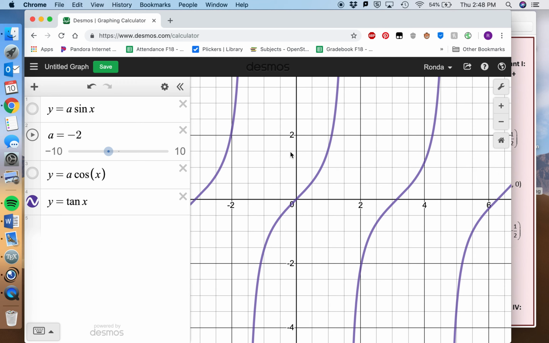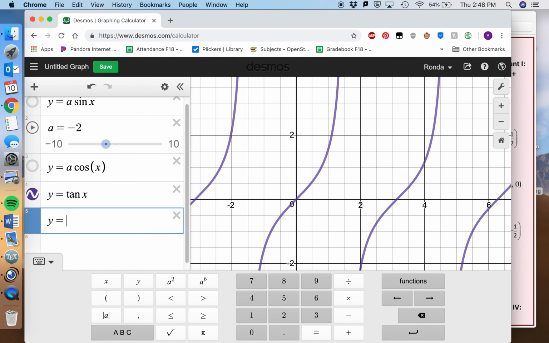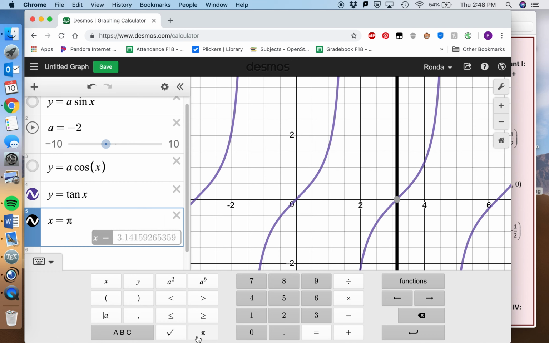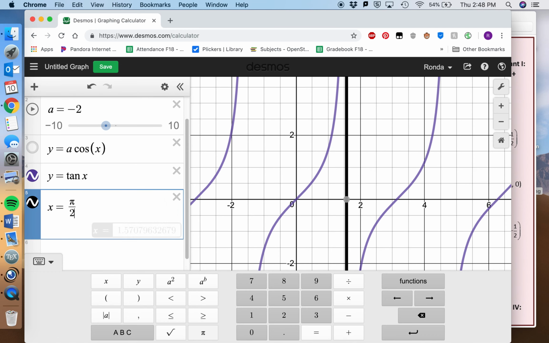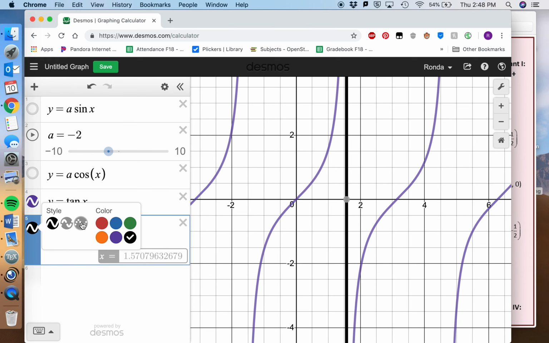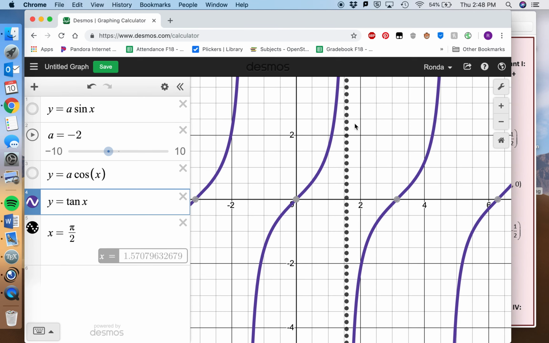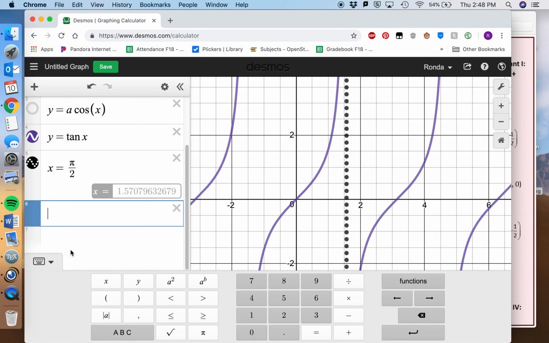So if we kind of look, it's kind of hard to tell with these. But if I put in x equals pi over 2, then you're going to be able to see that this is a vertical asymptote here at x equals pi over 2, and on this side, there's another one at negative pi over 2, because that one would also be when cosine is 0.